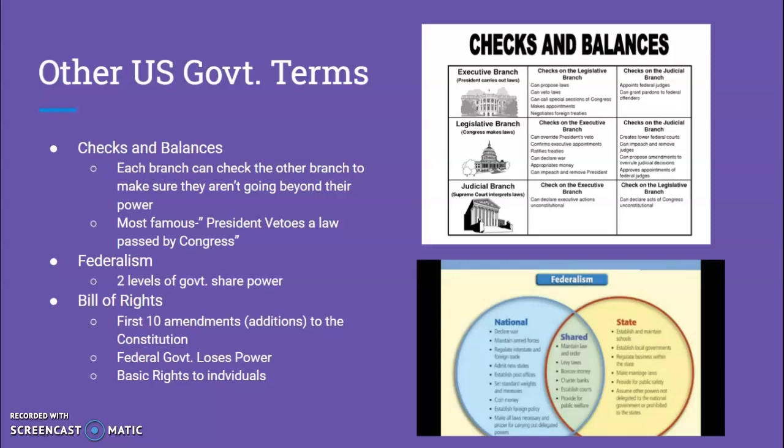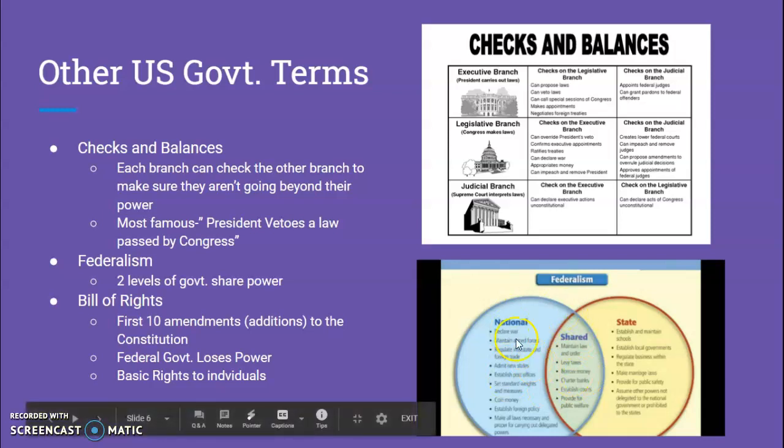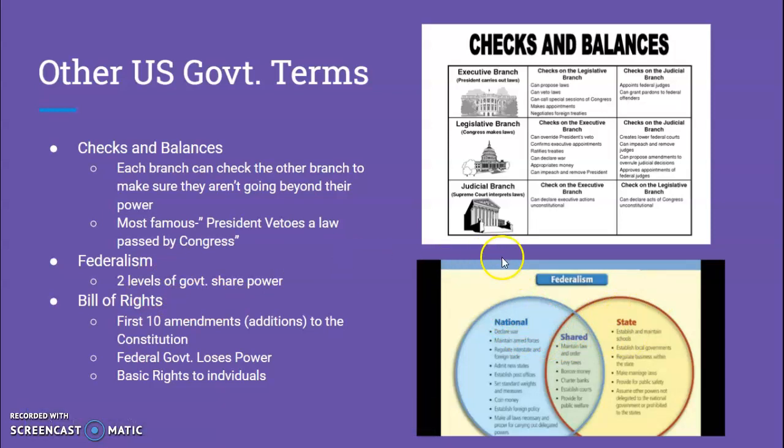National government makes some bigger laws like declaring war, and so forth. Again, you can see this right here, what national government does, what the state does, and what they actually share. And this is federalism, a little balancing act between the two. Federal government, though, is supposed to be on top. It's called the Supremacy Clause. Federal government laws are supposed to override state laws.